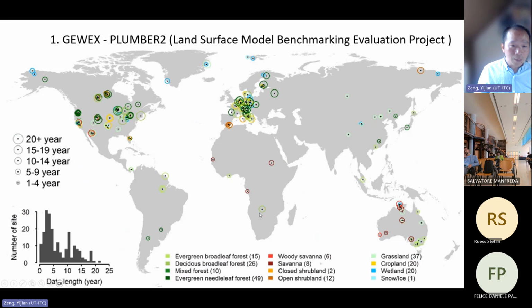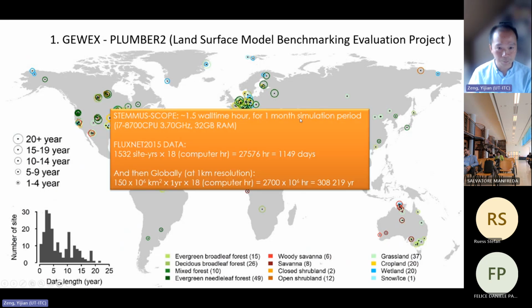After this, we upscale it to 170 FluxNet sites. This is the distribution of the FluxNet sites. When we upscale it, there's a problem.